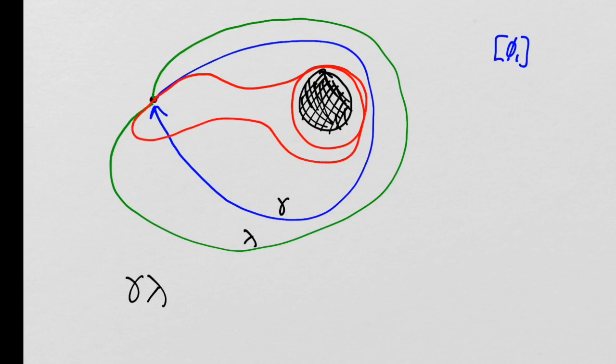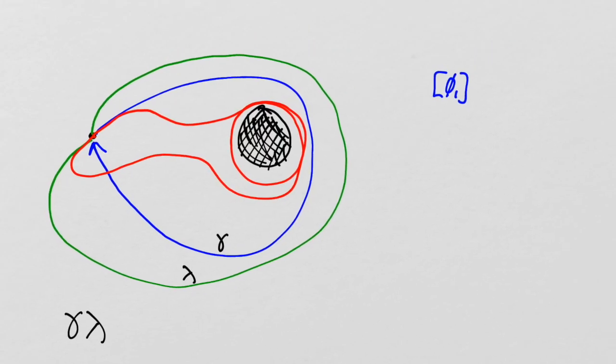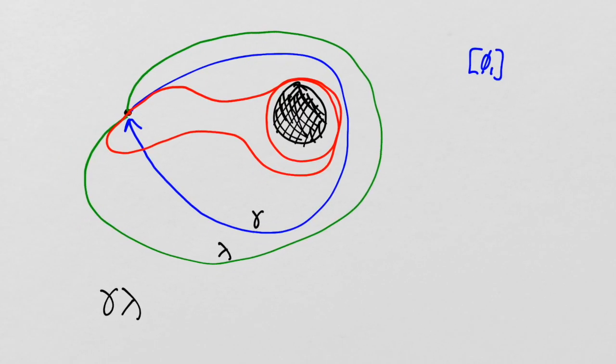Eventually I can make it look like this. I can make it look like a member of phi 2. So what I've shown is that I've taken two members of the equivalence class phi 1, namely gamma and lambda, and I've created a member of phi 2 through concatenation.